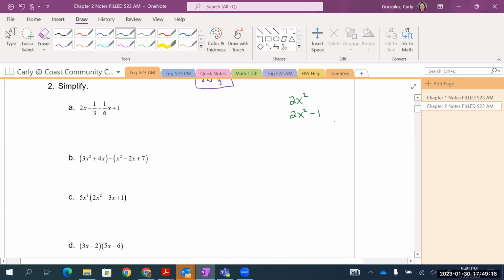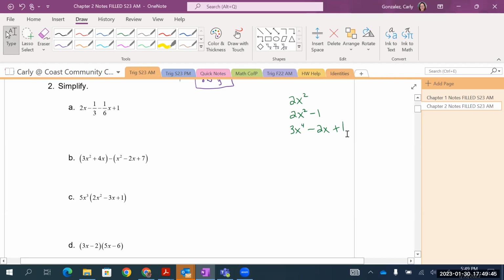Now this is a binomial because these have two separate terms, but they cannot be combined since this term has an x squared and that does not. And then the last one we name is something like 3x to the 4th minus 2x plus 1. This will be a trinomial because there are 3 terms.